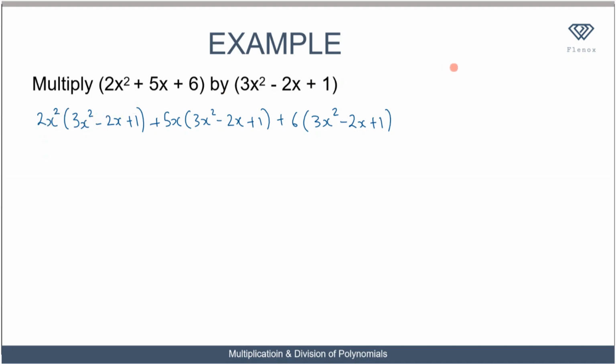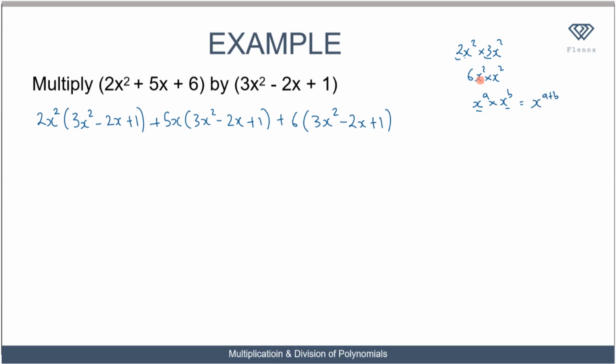Now 2x squared times 3x squared. Let's write that out here. What do you do when you want to multiply two terms together? You multiply the coefficient by the coefficient: 2 times 3 is 6. And you multiply the x with the other x, so you have x squared times x squared. If you remember the law of indices that we discussed, x raised to power a multiplied by x raised to power b is the same thing as x raised to power a plus b.